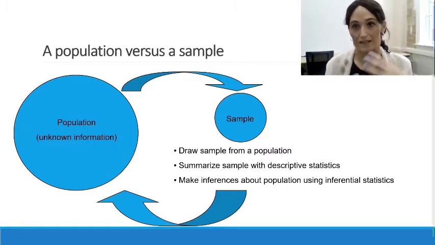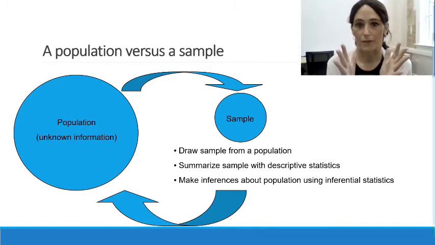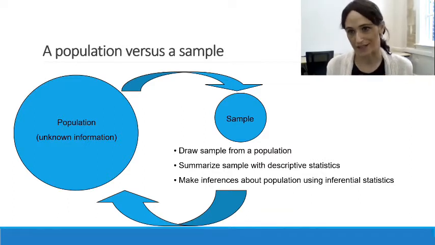And so we draw a sample from that larger population, and then by summarizing that first with descriptive statistics, as long as it's representative of that larger population, then we can make inferences about that population using inferential statistics.